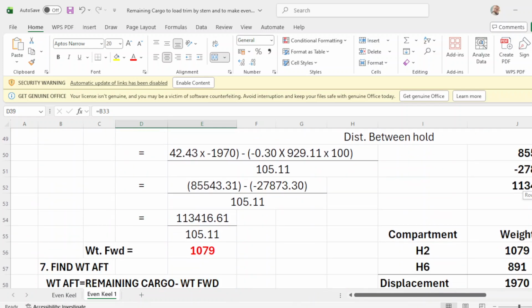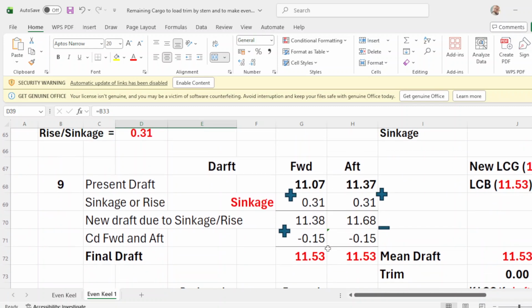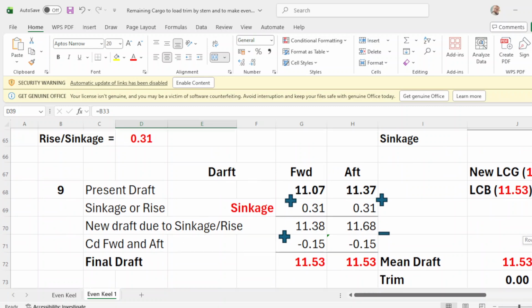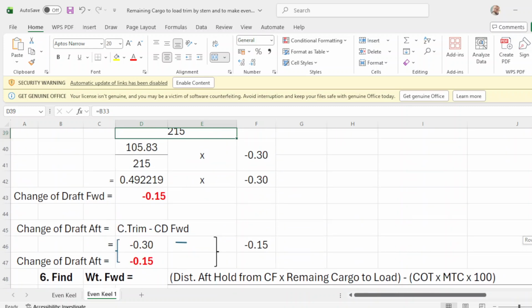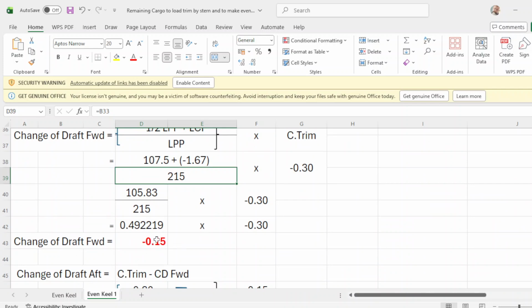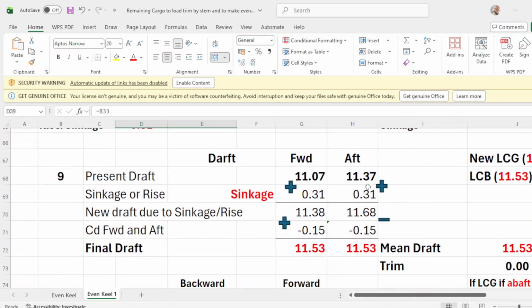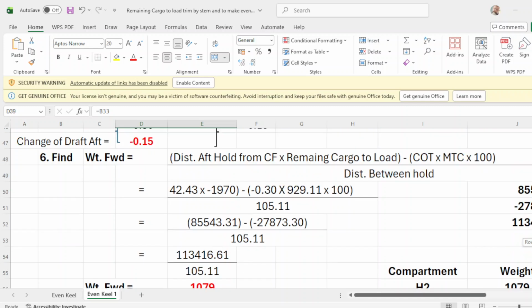Okay, so you apply now your change of drop. Change of drop forward is negative 0.15, and change of drop aft will be how much?